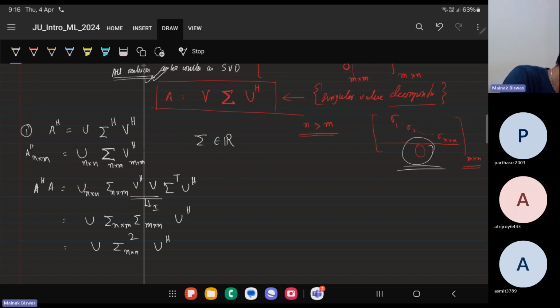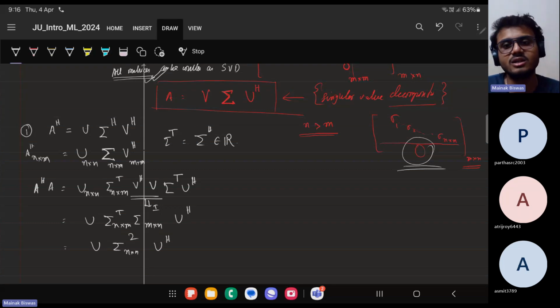Let me write transpose for you to make it easy. Sigma Hermitian is sigma transpose. All the cosmetics, the zero addition rows and columns, will be removed.